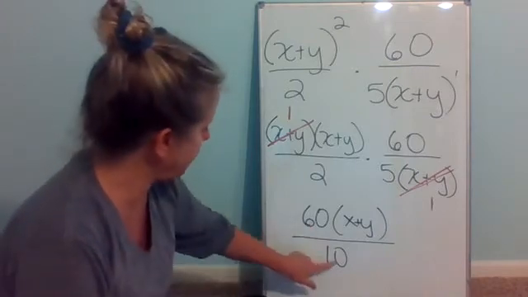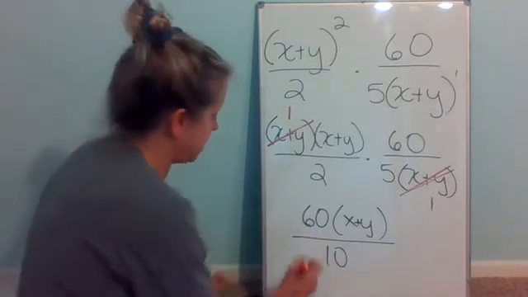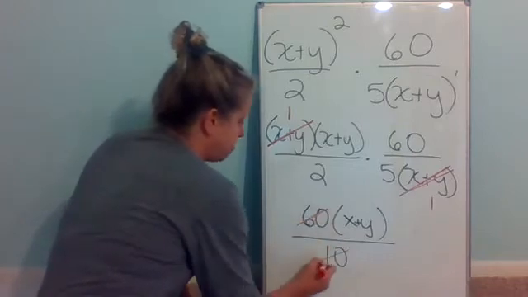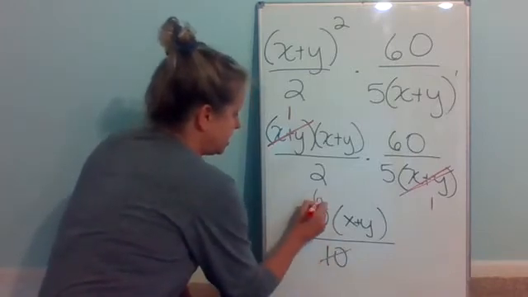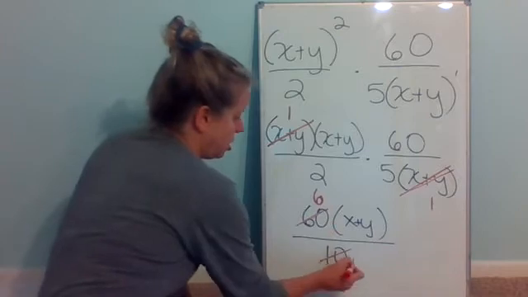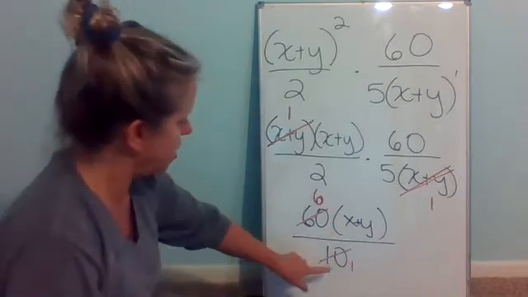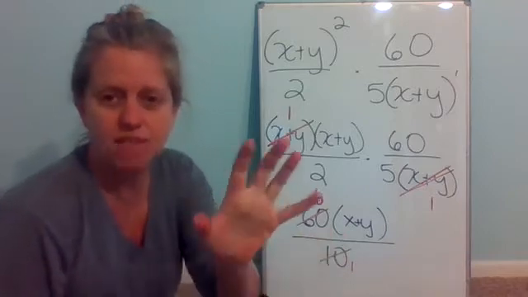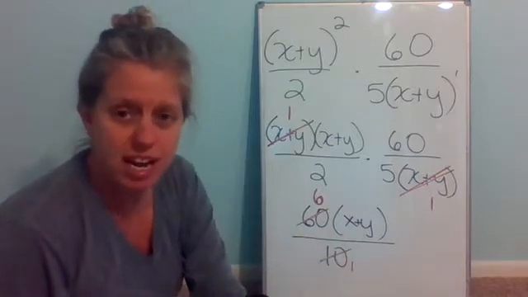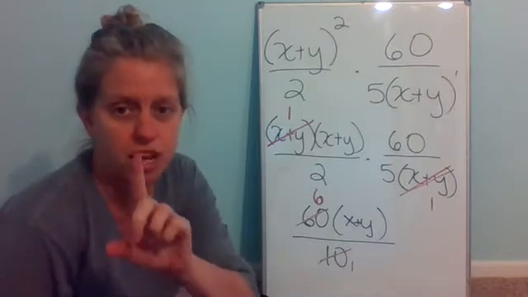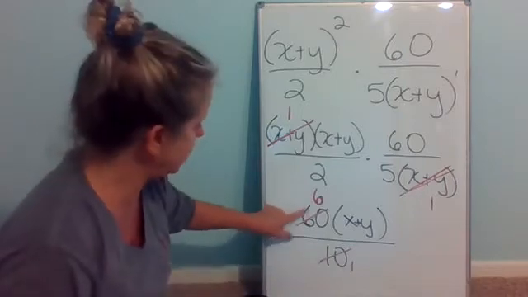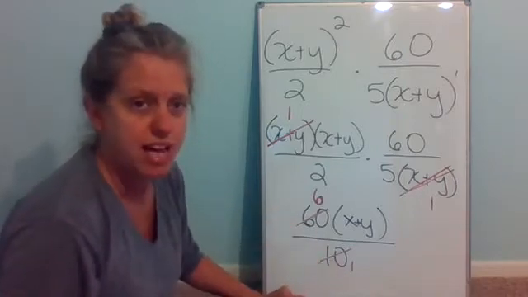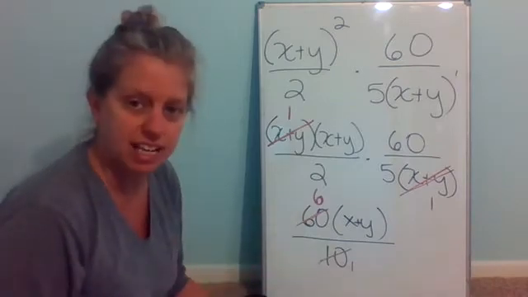So what is 60 divided by 10? Well, 60 divided by 10 gives me 6, or in other words, 6 over 1, which means I don't even need to write this denominator anymore, right? If it's over 1, you don't need to write a denominator that is 1, because 6 over 1 is the same exact thing as just saying 6.